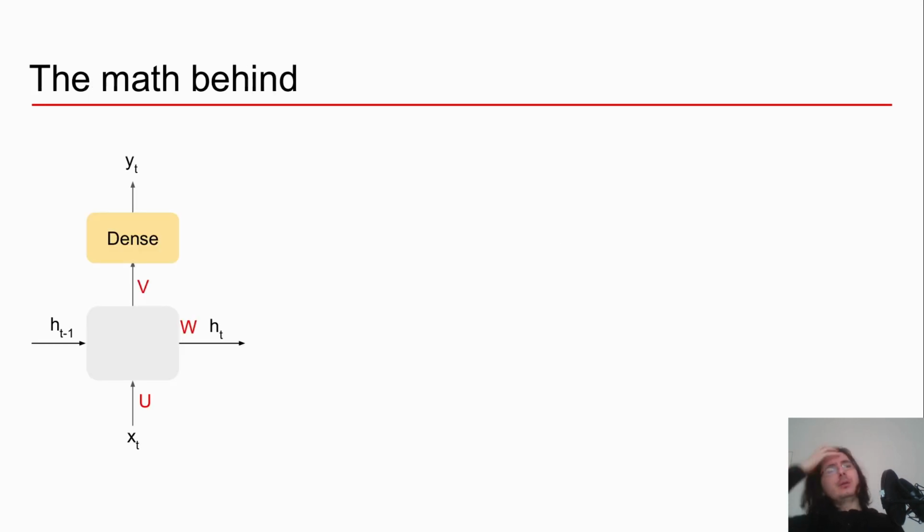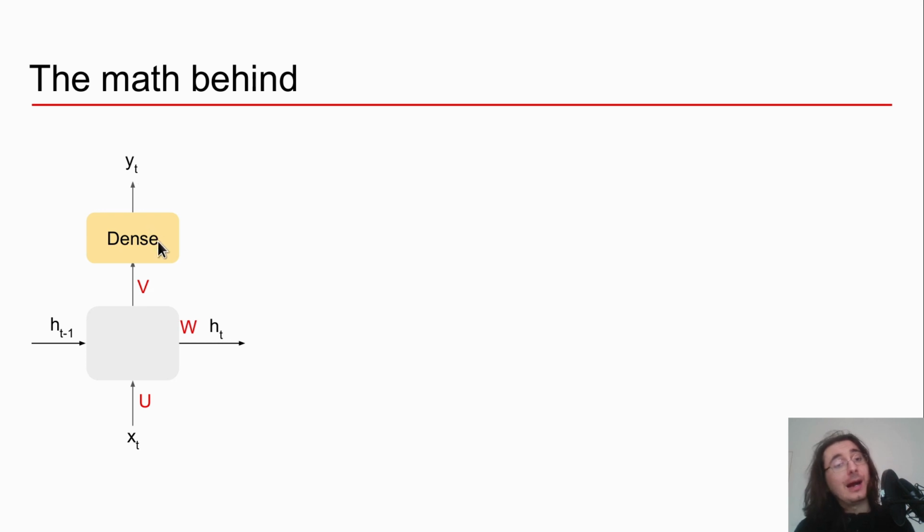Now, let's take a look at the math behind an RNN and how it works. To understand that, we should focus on one time step. So here we'll focus on xt. Here we have the input at time t, we have h t minus 1, which is the state vector at t minus 1, then we have ht, which is the state vector at time t, and yt, which is the output.